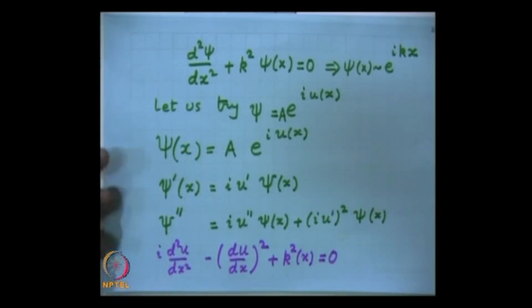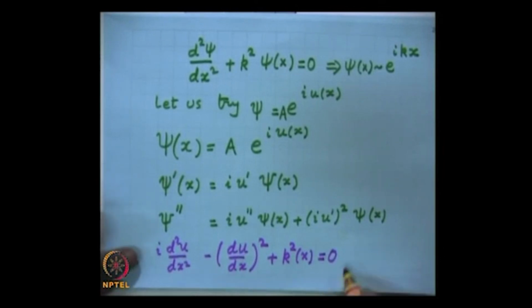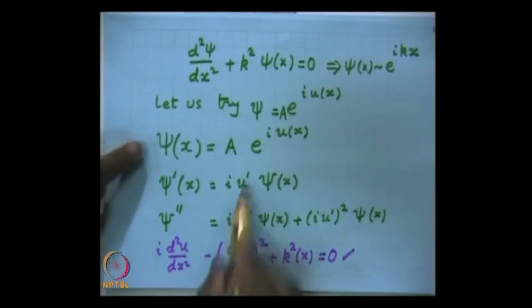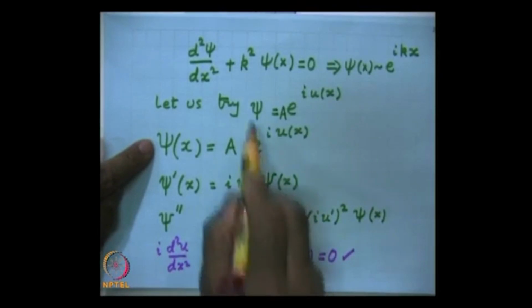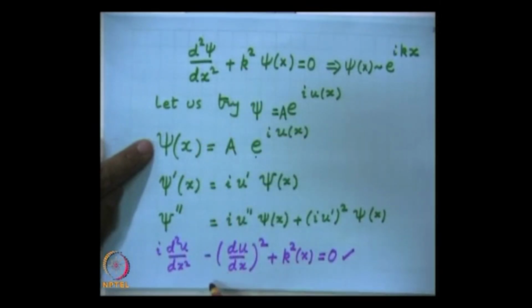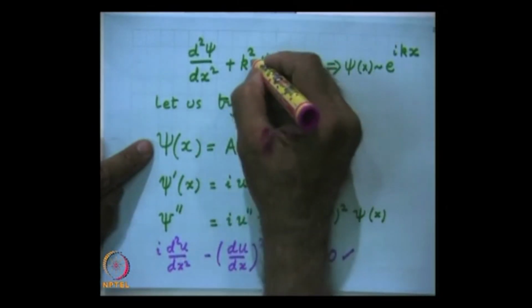I must mention that if I am able to solve this equation, then this will be a rigorously correct solution of this equation. So, I am assuming k square to be a function of x.